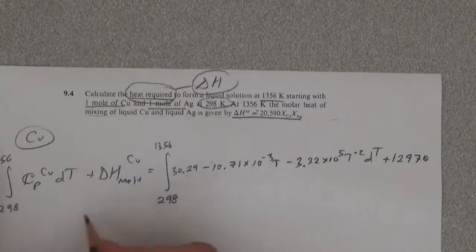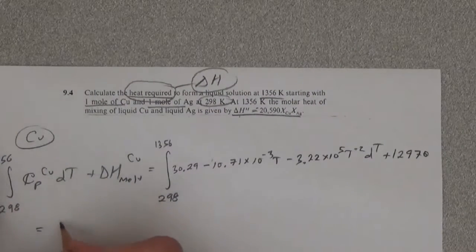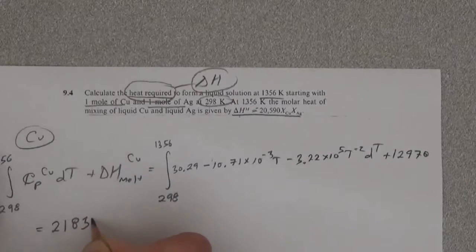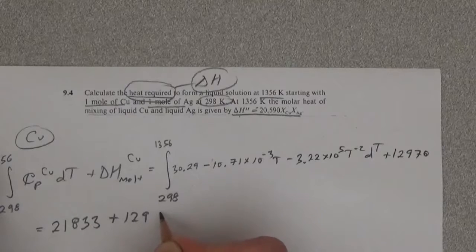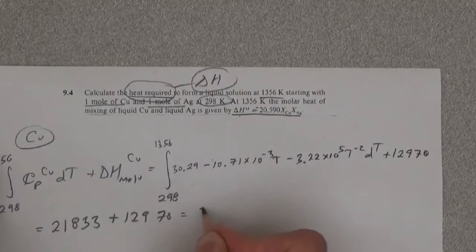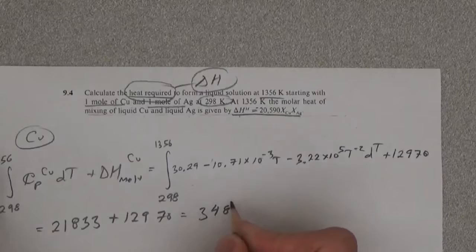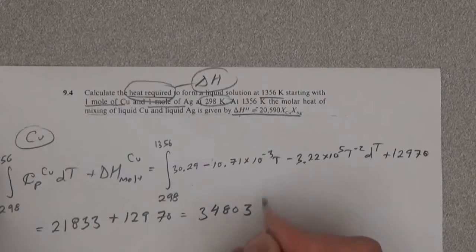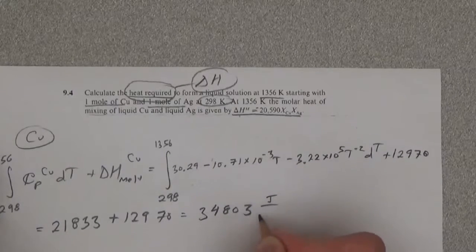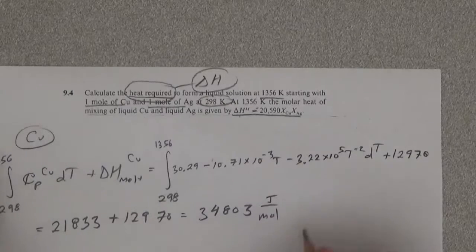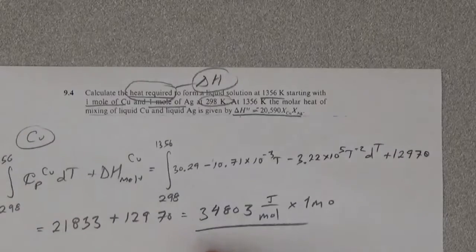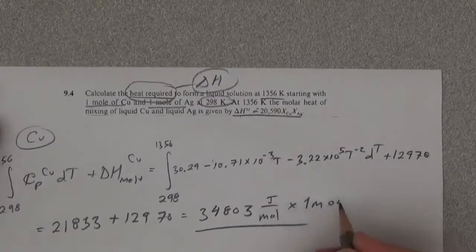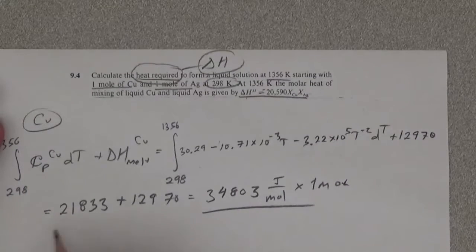So this is equal to 21833 plus 12970 is equal to 34803 joule per mole, and we have 1 mole, so we have 34,803 joules, or about 35 kilojoules. Okay, now we'll do silver.